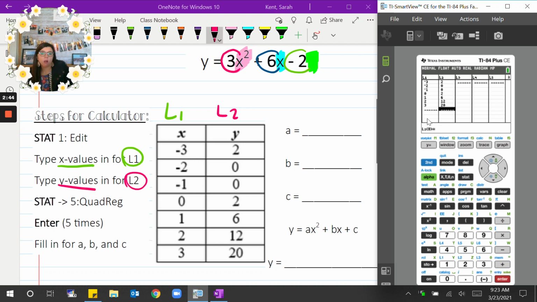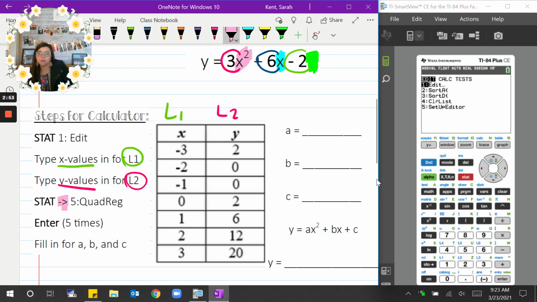Once I have all of my L1 and L2s, I'm going to click Stat again. Then I arrow over to the side. Now it says Calc, and I want number 5, where it says Quadratic Regression.